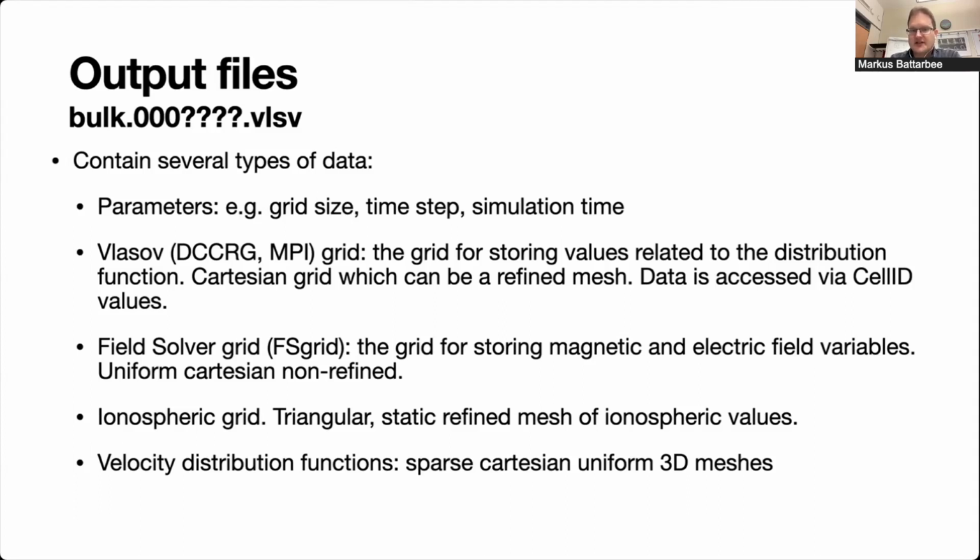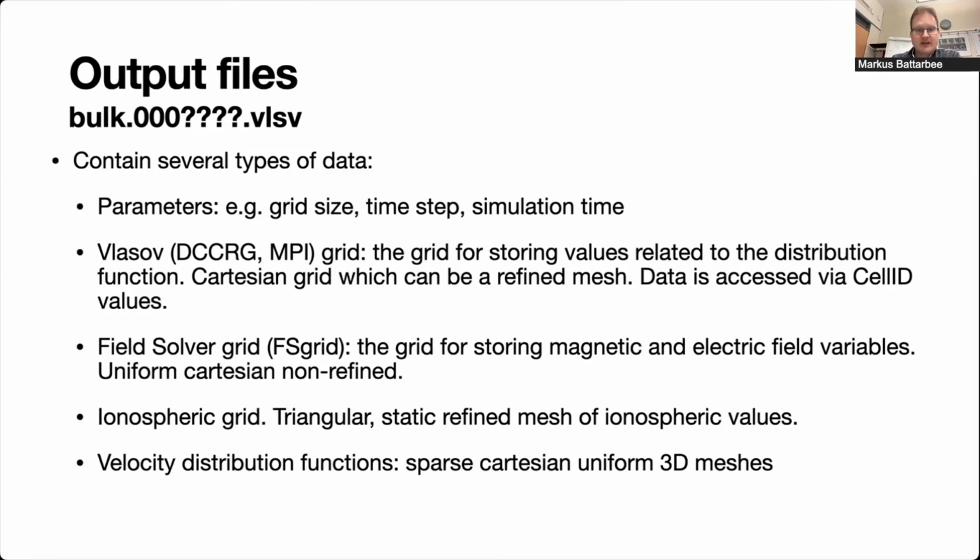So if you've got a cell ID, then that cell ID will always be in the simulation at the same spot, unless it gets refined or unrefined. And then you can try to access the parents or children of that cell ID.